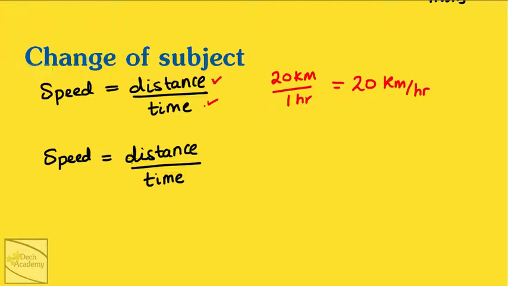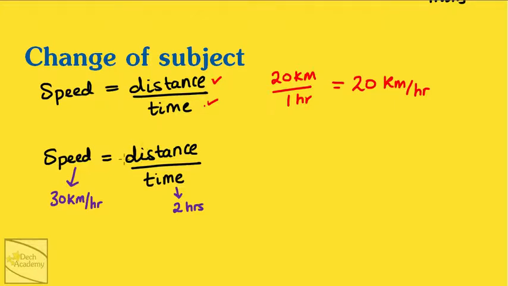Imagine a scenario where you're told that the speed of a moving object is 30 kilometers per hour, and that object moves for, let's say, 2 hours.